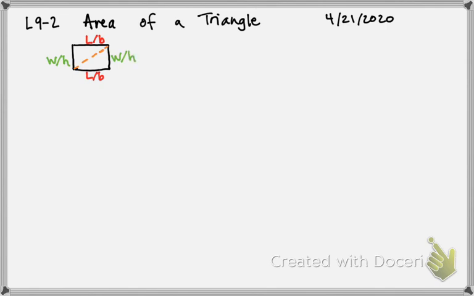Now, why do we get to call it a height? Because we have right angles, right? Rectangles have right angles. Okay, so if I cut along that diagonal line, and I stand them up, we've got this guy, here's the base, and here's the height.